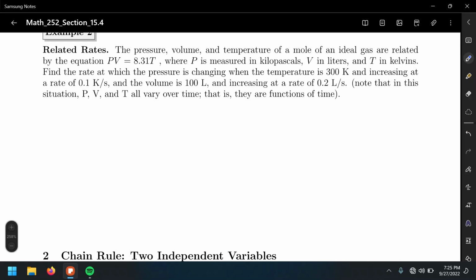So, number one, let's write down what they are asking us for and what we have. In this case, they're asking us for the change of the pressure with respect to time. So that's what related rates were about: two quantities changing with respect to time. Like the easiest case, when you inflate a balloon, there's a couple of things changing.